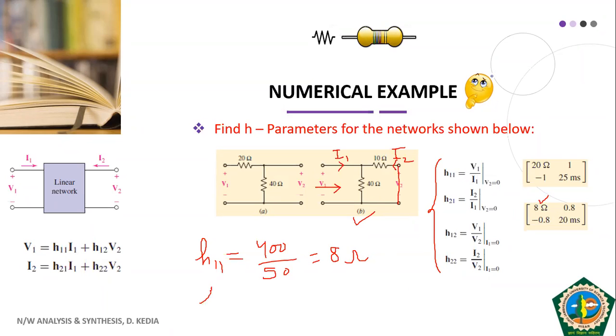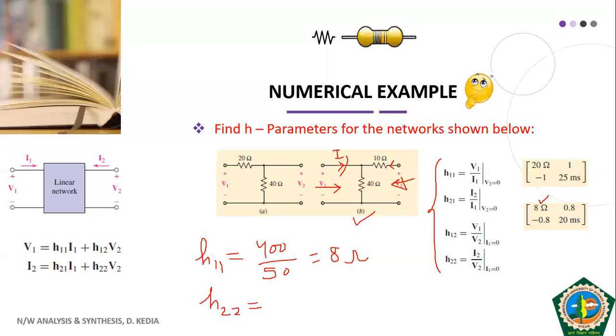Now let us find out H22. H22 is nothing but, as I told you, the inverse of the output equivalent resistance. So let us find that. Here you have V2, I2, and your I1 is 0.